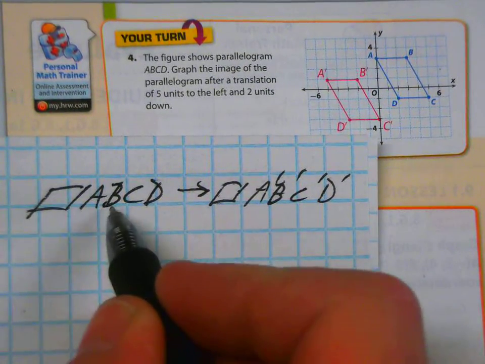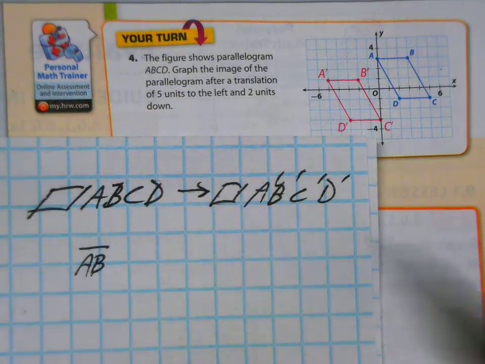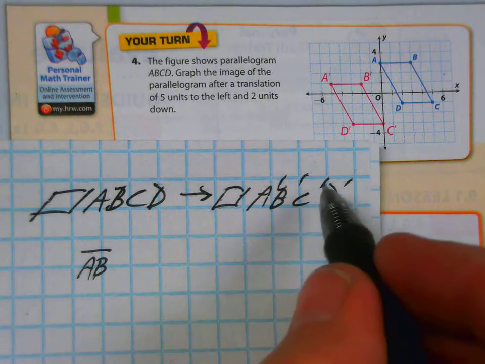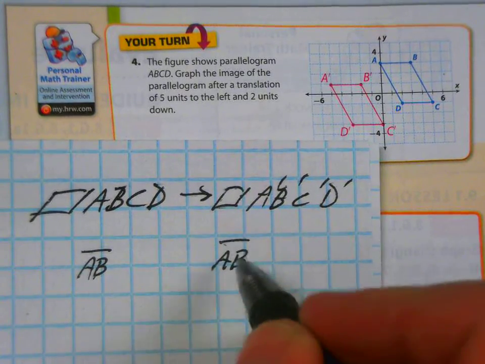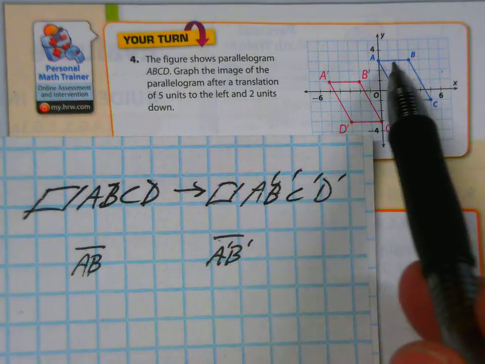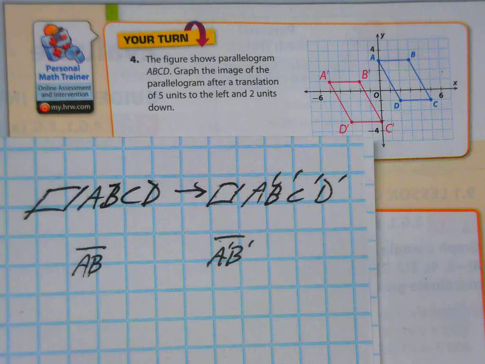If AB is listed here, I know that line segment AB is going to correspond to line segment A prime B prime. And look, those lines are the same lines.